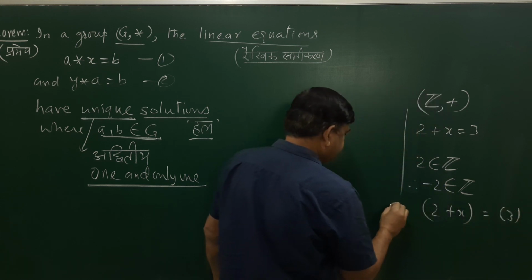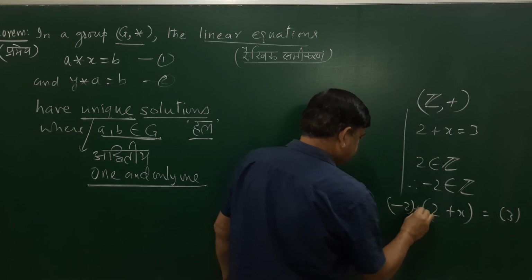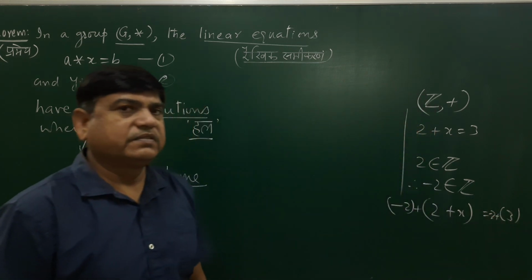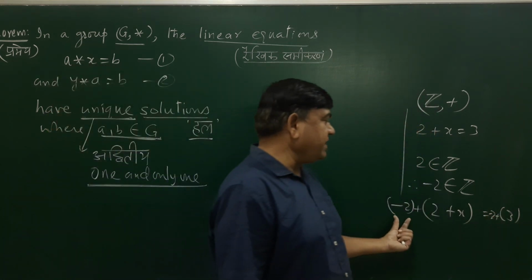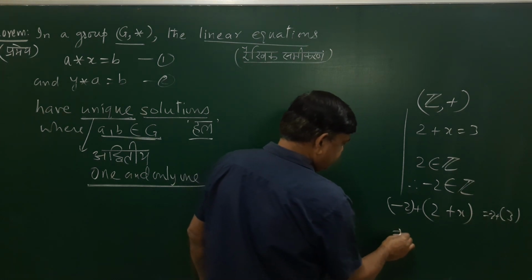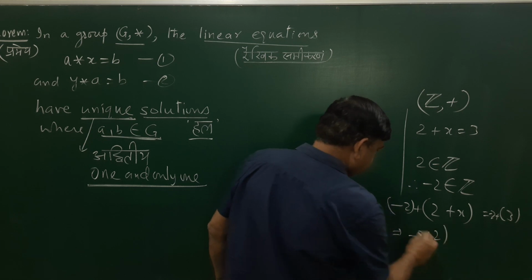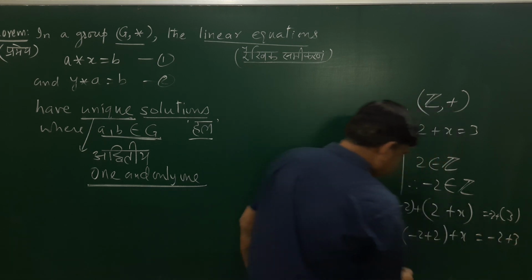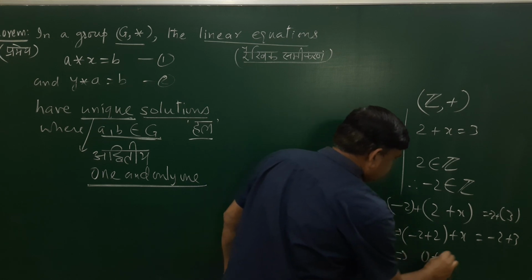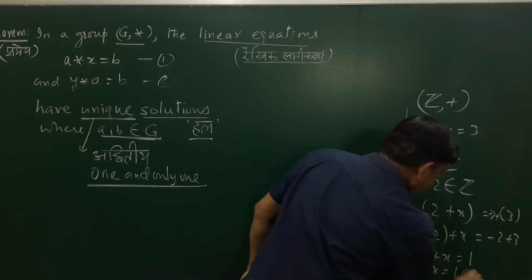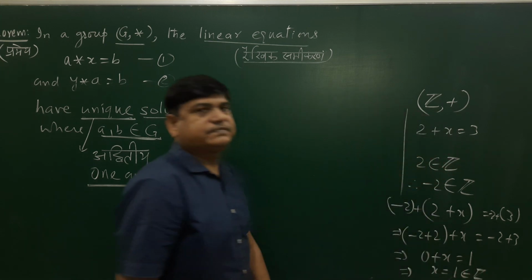So here I write, this is the composition, minus 2 and here it is plus. Pre-operating by minus 2. This is minus 2 plus 2, associative law. And this belongs to Z.